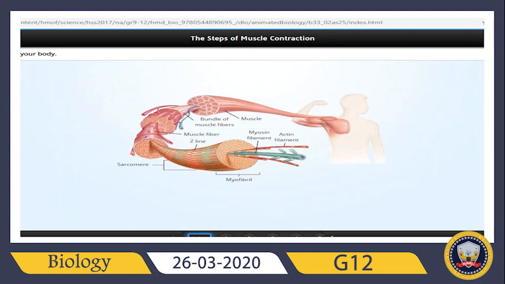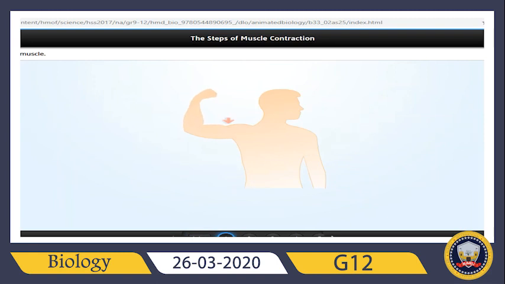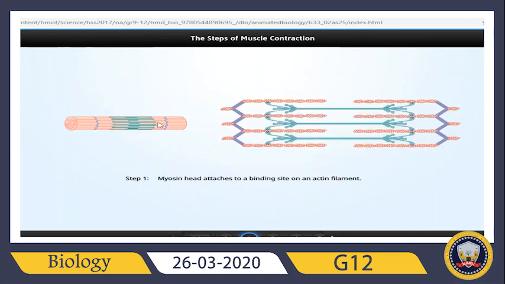Okay, now if we are doing any kind of practice like this, for example, in this case the sarcomere is moving, the sarcomere is contracting. Okay, how does this contraction happen? Step 1, the myosin head attaches to a binding site on the actin filament.